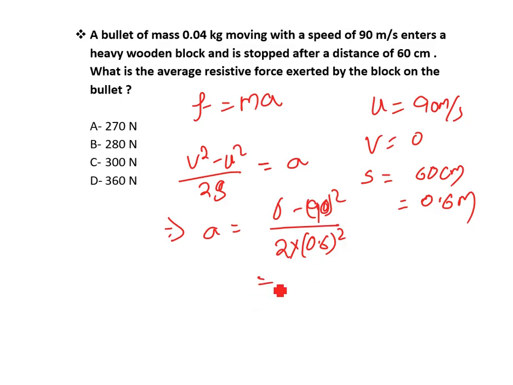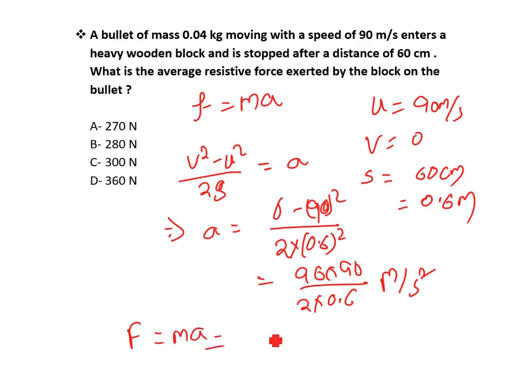If I calculate this answer, it will be 90 into 90 divided by 2 into 0.6. Let it be in this form, meter per second square. So F is equal to ma. So m is 0.04 into our a, which is 90 into 90 divided by 2 into 0.6. So what answer will I get?